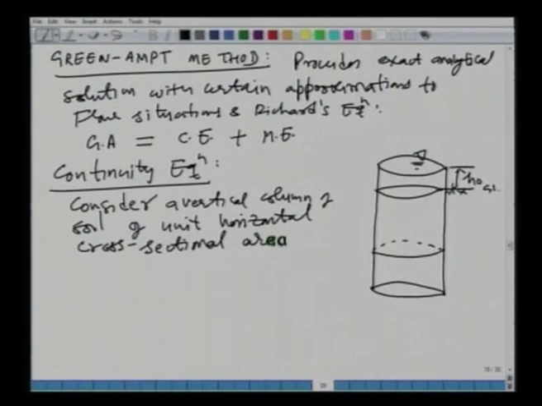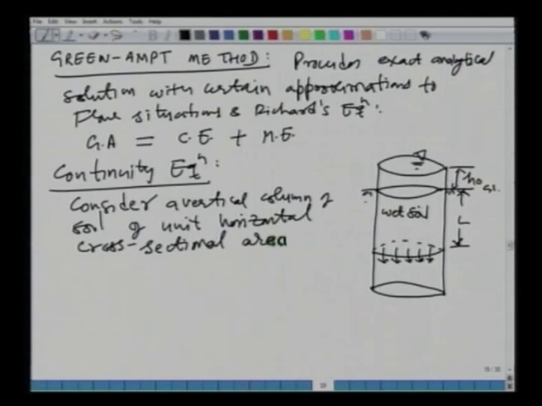So, this is your L. In the figure on the board we are taking this cylindrical column within that length L, and this is marching downwards. Everything above the wetting front is the wet soil.